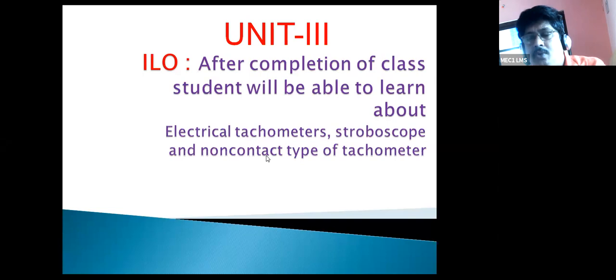At that particular point, when the fluid is flowing, it contains tiny particles, microparticles or dust particles. When the light strikes them, a frequency shift takes place.